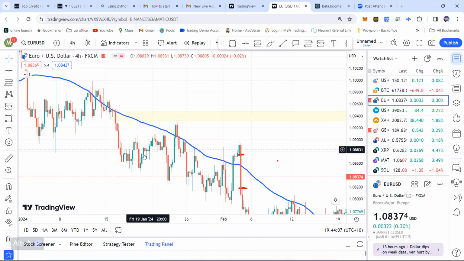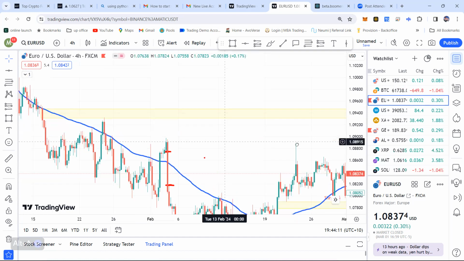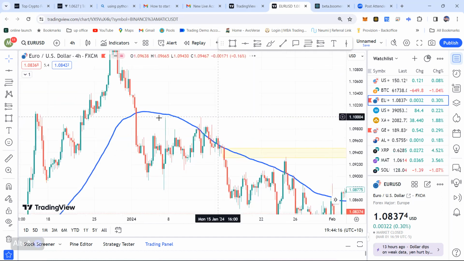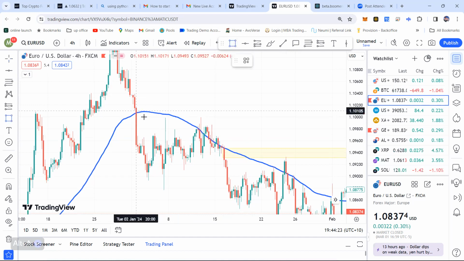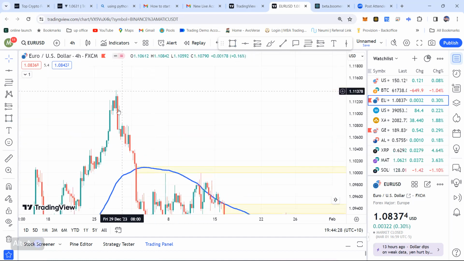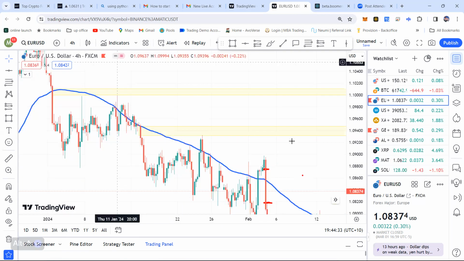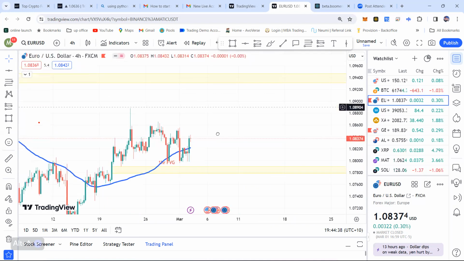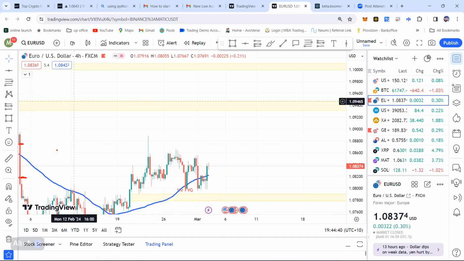A tiny bit got mitigated here, but the market hasn't gone back up to there yet, so it's going to go to there at some stage. Up here, we would find a few more little bits as well. And right at the top of the market, there are no fair value gaps. But we've identified a couple of 4 hour fair value gaps, and we've got the 1 hour one below us.